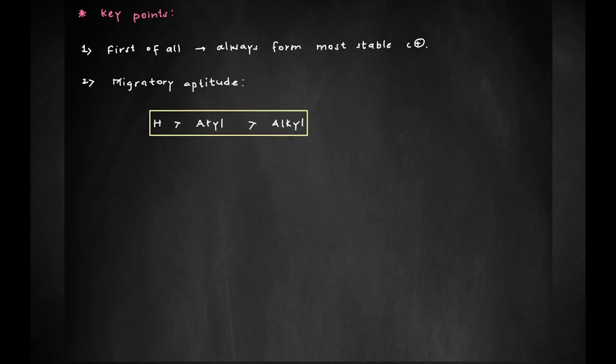Okay, now you have to remember this particular point. In the aryl functional group, there are different types of aryl functional groups. So you will first migrate an aryl functional group which is having an electron donating group attached to it, then simple phenyl group, and then a phenyl group which is attached with electron withdrawing groups.